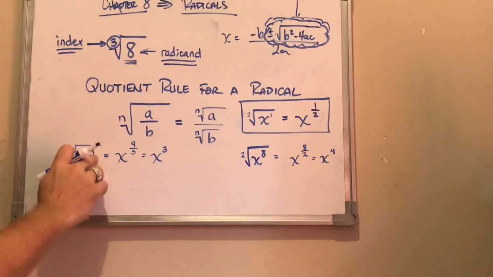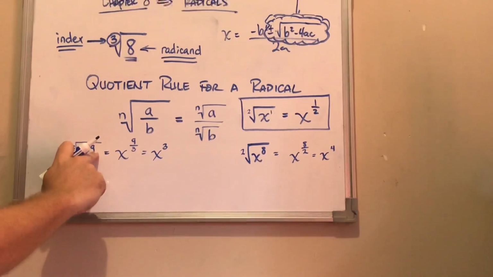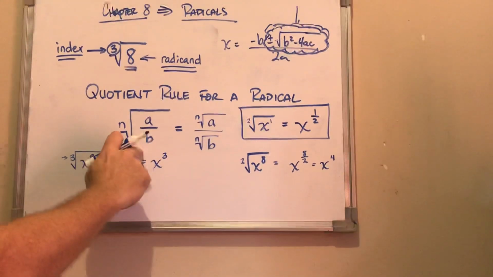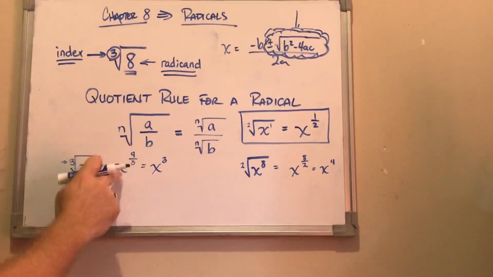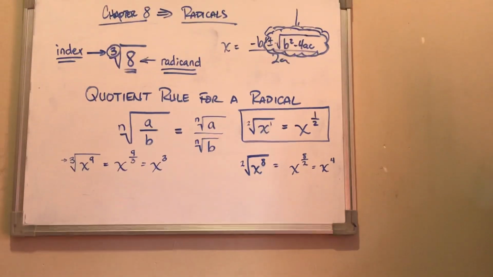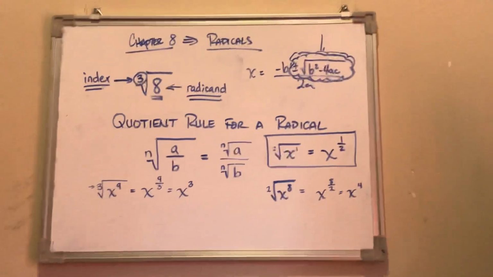So you take the exponent of the radicand and put that in the numerator, and then you take the index and put that in the denominator as an exponent on your variable.